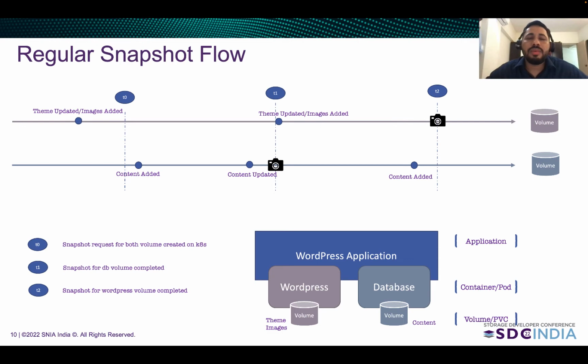He refers to the snapshot that he initiated at T0. But what he will get is the content of the database volume at T1 and the WordPress volume at T2. So there is likely to be inconsistency between these two volumes. This is the current regular flow of Kubernetes snapshots.